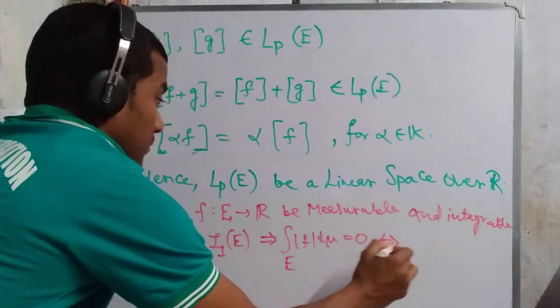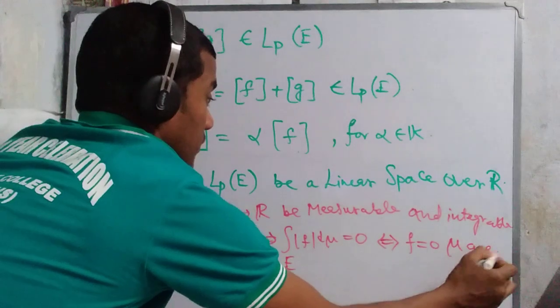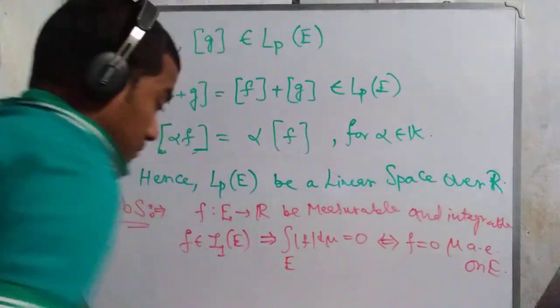This implies and is implied by f equal to 0 mu almost everywhere on E. Okay.